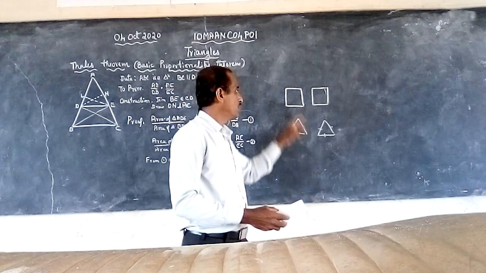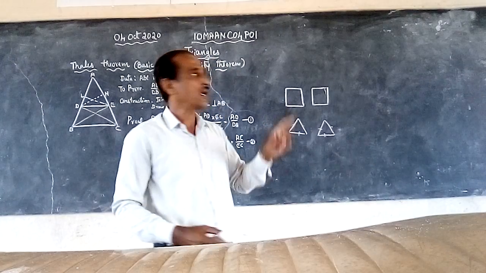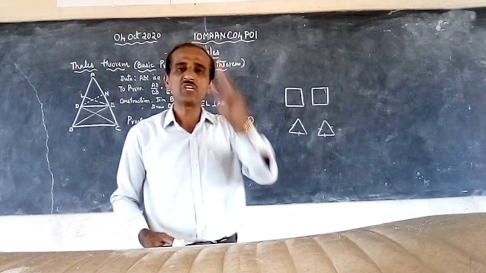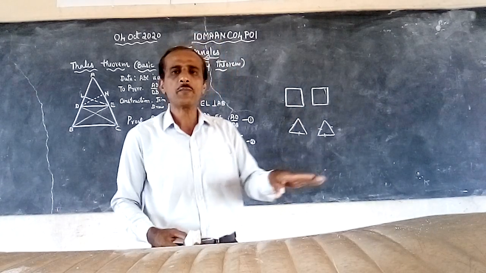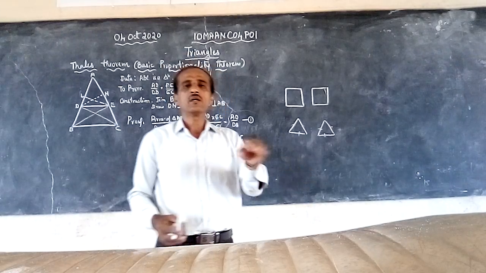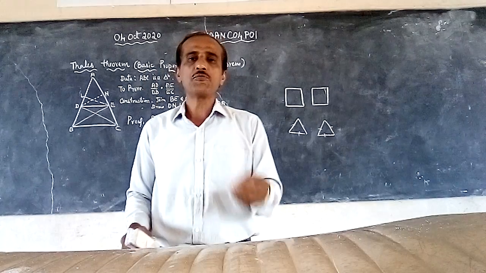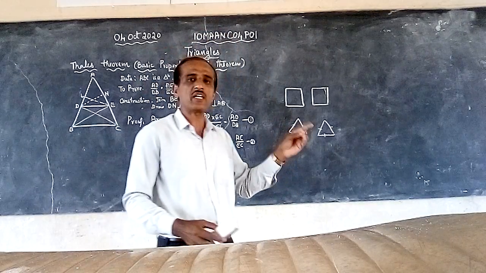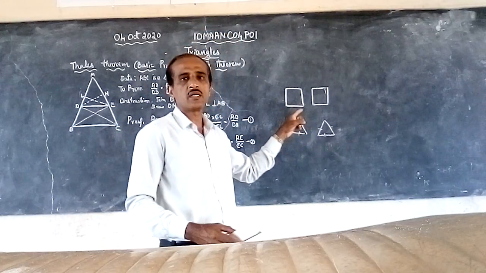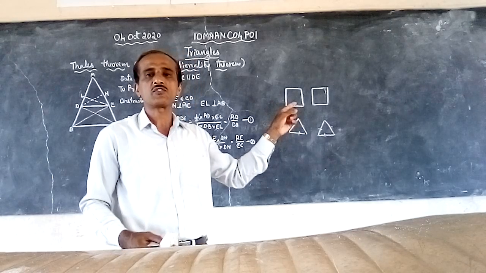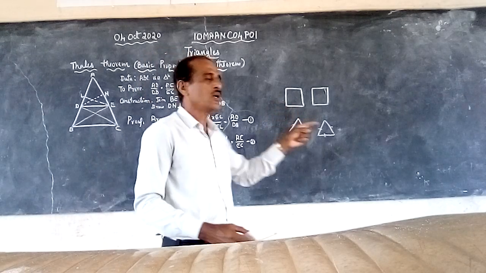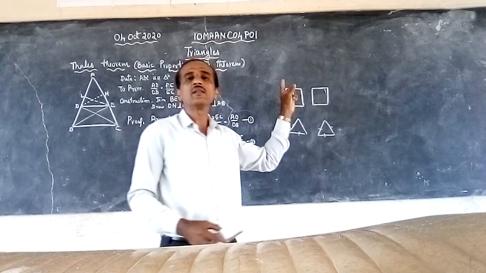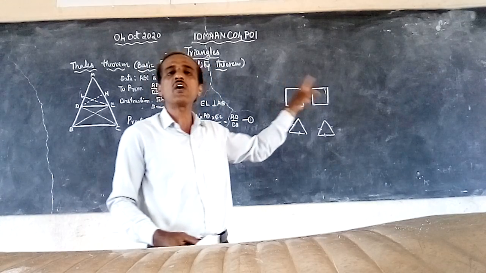Congruent means the figures must have the same shape and same size. For example, if you have chairs at your home of the same company or same size, they are always similar in structure and shape. So if the figures have the same size as well as the same shape, those figures are called congruent to each other.